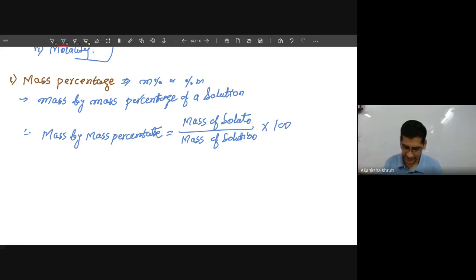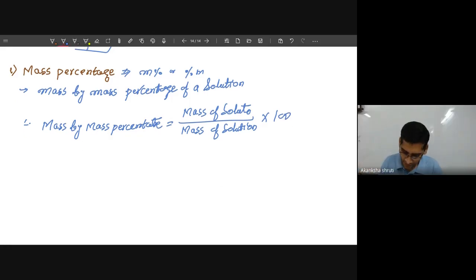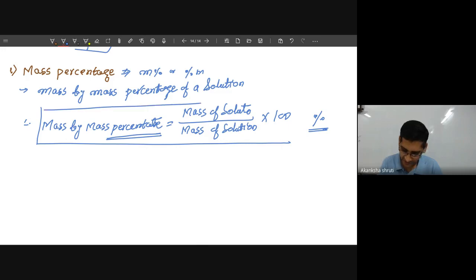Okay, student. Percentage itself indicates that we are going to multiply by 100. And at the end you have to use the percent symbol also, indicating the unit. This we have to keep in mind.